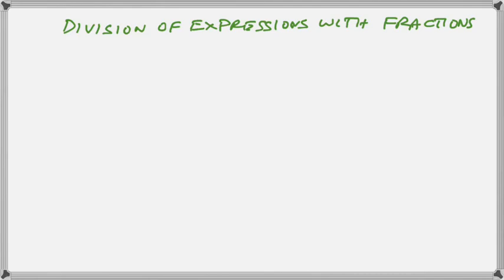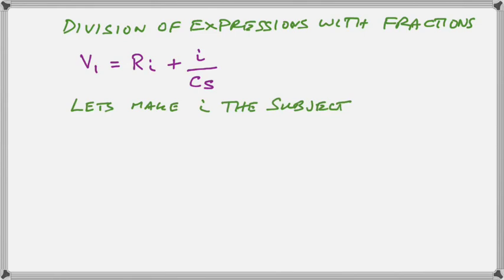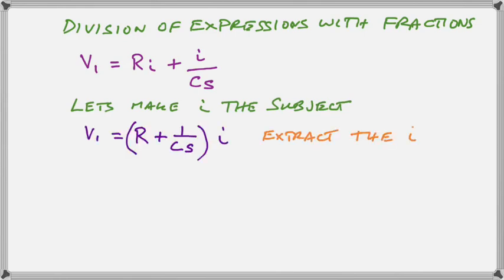So let's get started. First, we write our expression, and as you can see, it has a part that's a fraction and a part that is not a fraction. So what we want to do is extract the I in both of those terms. So let's make I the subject by extracting it.